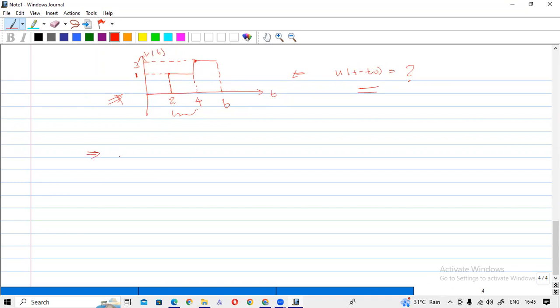Actually, any signal you can approximate as this kind of function; these are called staircase functions.